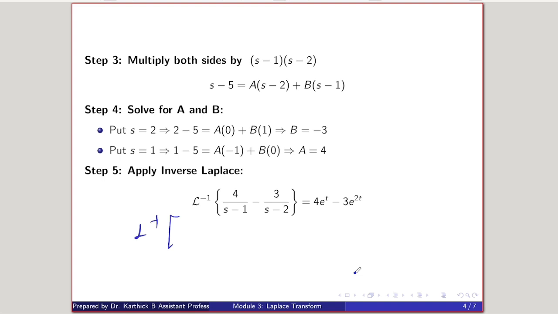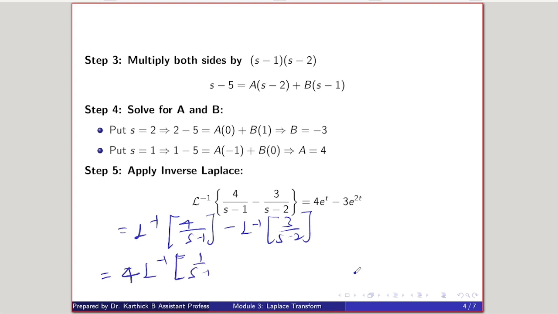Then while taking the Laplace inverse, I have to split the terms first, 4 by s minus 1 minus 3 by s minus 2, using the linear property. On the next step, in the Laplace inverse, I take 4 as a constant, then the Laplace inverse of 1 by s minus 1 minus 3 times the Laplace inverse of 1 by s minus 2.